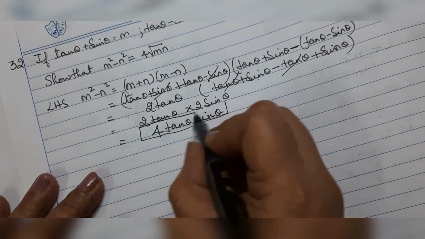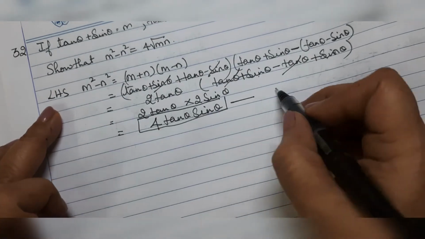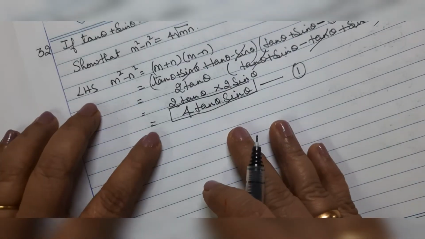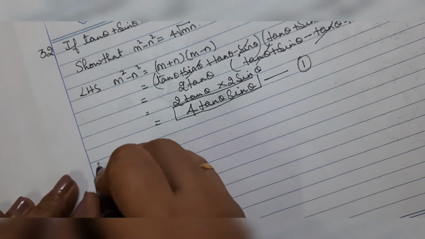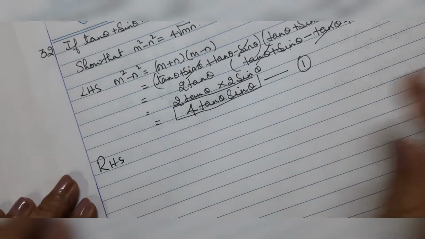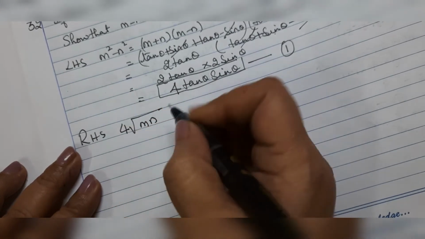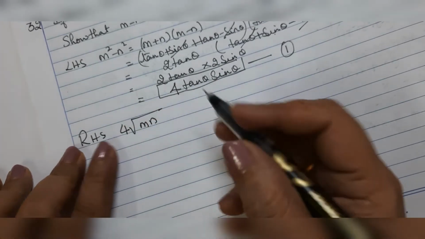So let us make this as our LHS and we'll make it as equation 1, or you can just leave it as it is, LHS. Now going on with RHS, here we need 4 root of mn. Here no formula, m into n, that's it.